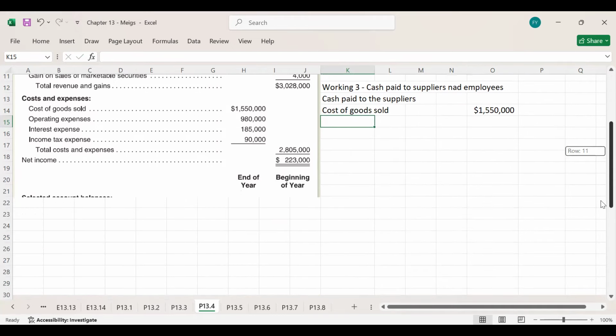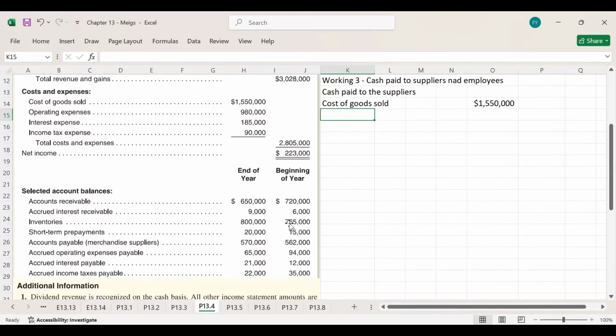So we can see that inventories, initially it was 765, then at the end of the year it is 800, which means that there is an increase of $35,000 in the inventories.